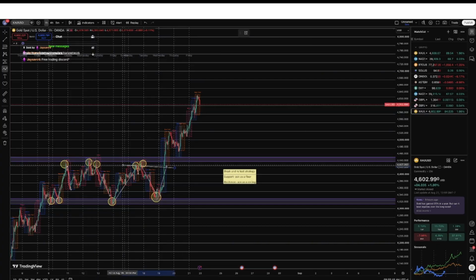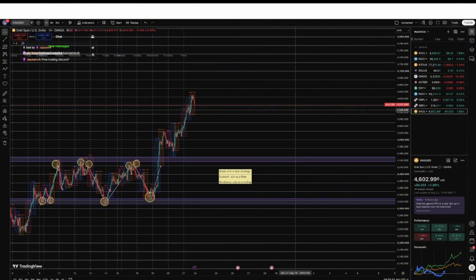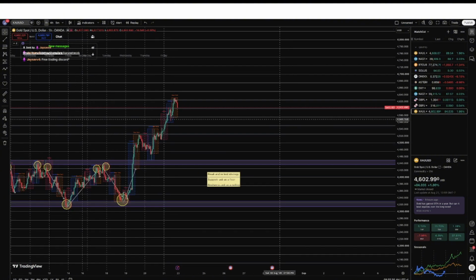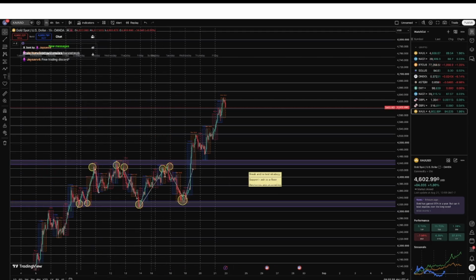So now for the entry model, how do we enter? Basically, we're going to look at major levels that happen in the market. Major levels that happen in the market.